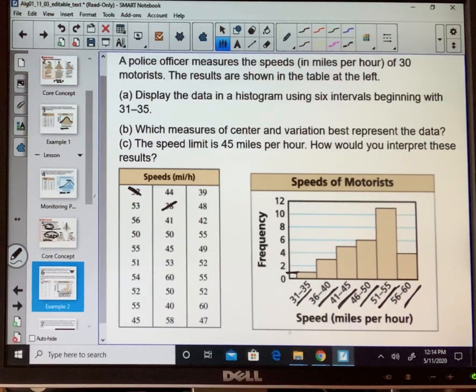I've got 1 here. I've got 2 here. And do I have a third one? Oh yeah, I've got 40 down here. So that's 3. So that's why this one is at 3. Okay, so that's how you're getting these numbers. You just look through the data and put those numbers there.